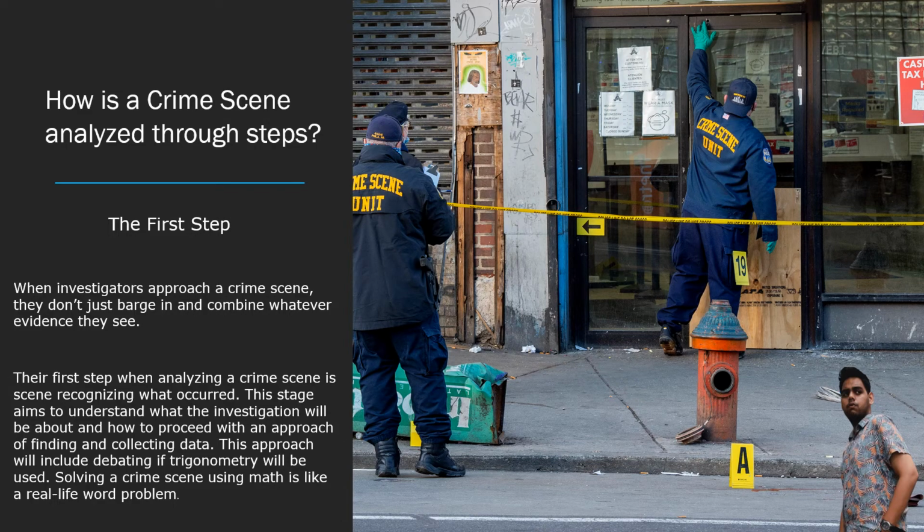This stage aims to understand what the investigation will be about and how to proceed with an approach of finding and collecting data. This approach will include deciding if trigonometry will be used. Solving a crime scene using math is like a real-life word problem.